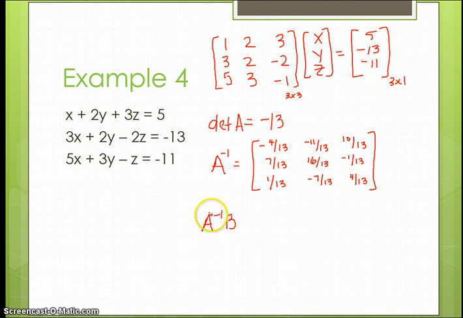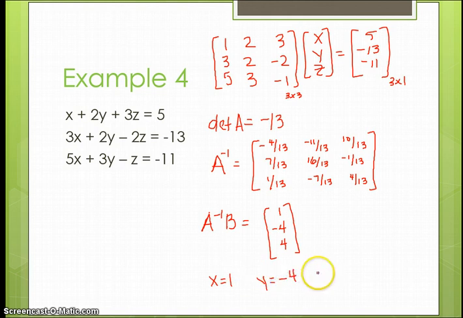When you're back on your main screen, pull up that inverse again, so go to your matrix menu, first matrix, and then inverse, and then you're going to go back to matrix menu, second matrix, just hit enter and it will multiply them. When you do that, you should get 1, -4, 4. So there's my answer matrix, which means x equals 1, y equals -4, and z equals 4.